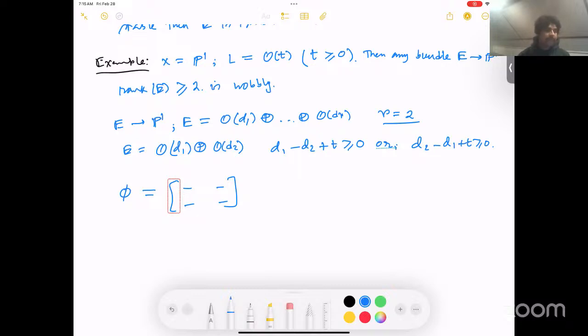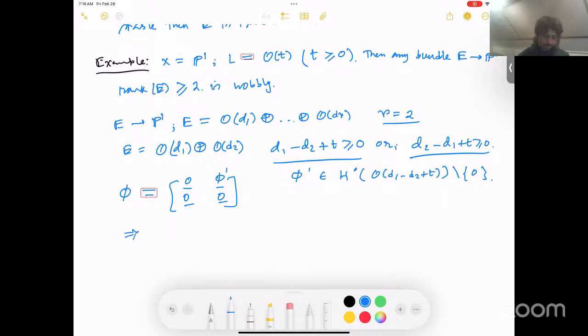So I will use this common trick of making upper triangular matrices. So I'll choose some phi prime, it doesn't matter which one of these inequalities you obtain to work. And I will place this phi prime here and 0 everywhere. It gives phi squared equals 0, but phi is non-zero. Okay.